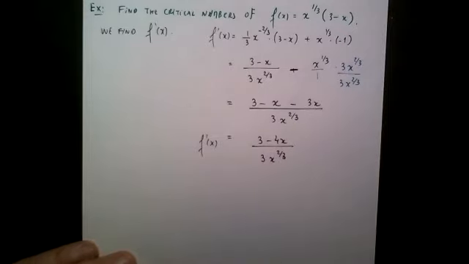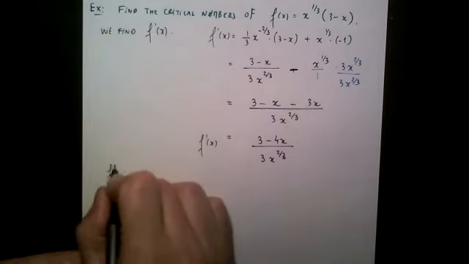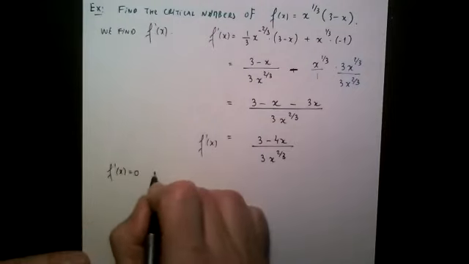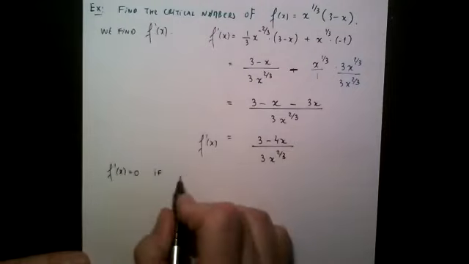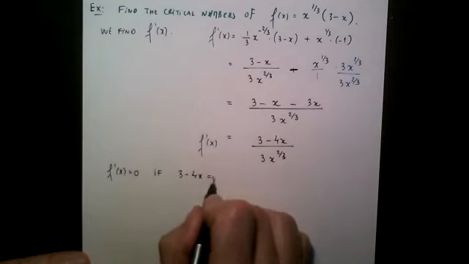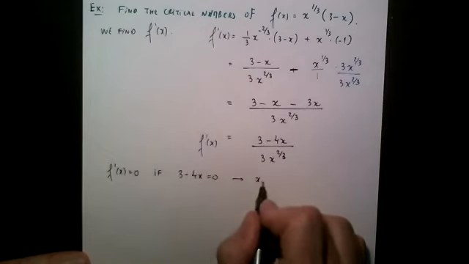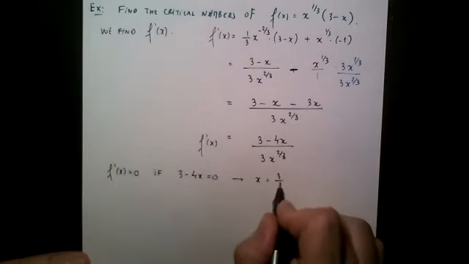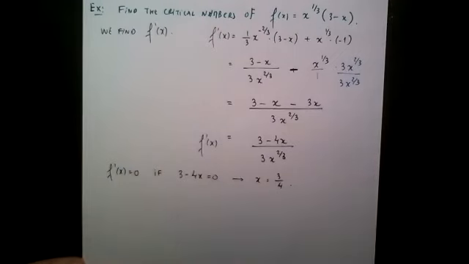Thank you. Okay, so now when is it 0? So f prime of x is equal to 0 if the numerator is 0. So 3 minus 4x equals 0, which means that x will be equal to 3/4. That's a critical number because x equals 3/4 makes the derivative 0. Very important, you're going to have to find critical numbers a lot. Very simple: you put f prime equal to 0 and you solve.